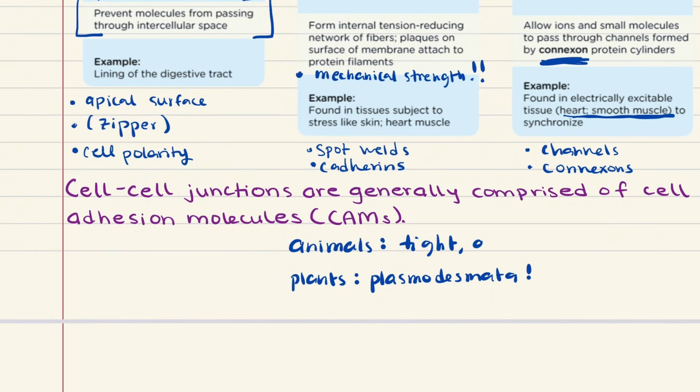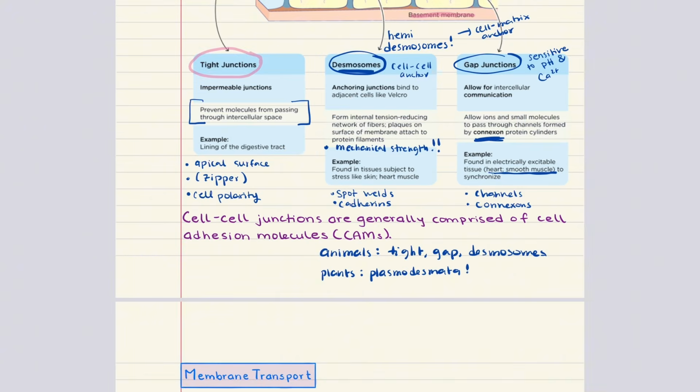We don't need to know any more details about this, but all of these junctions, tight junctions, gap junctions, and desmosomes, are supported and organized by proteins called cell adhesion molecules, or CAMs. One of the most important roles of CAMs is to help cells recognize one another. This recognition allows cells to connect in the right way, which is important when tissues are forming.